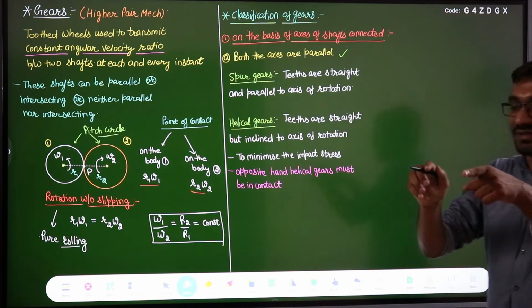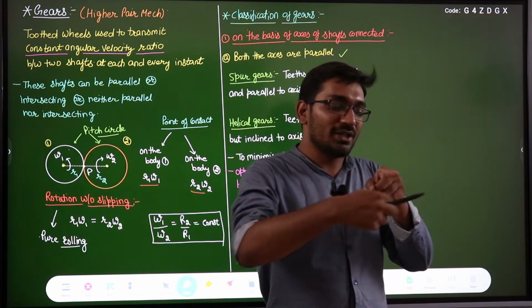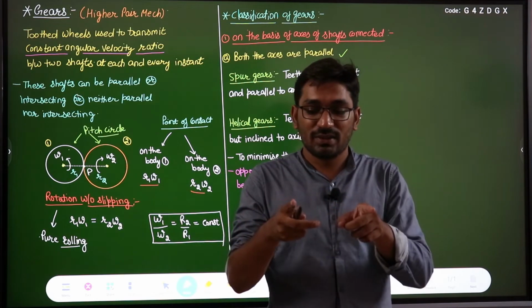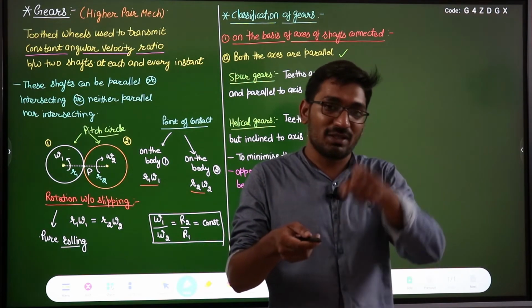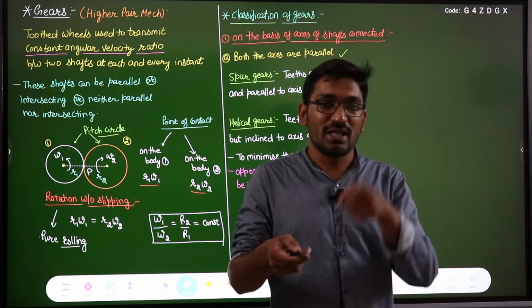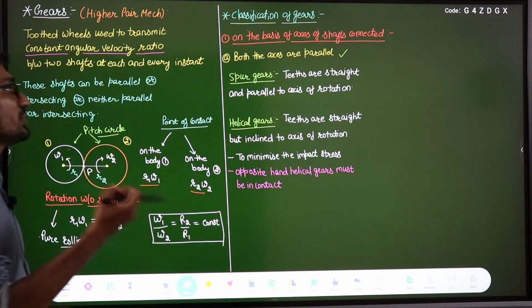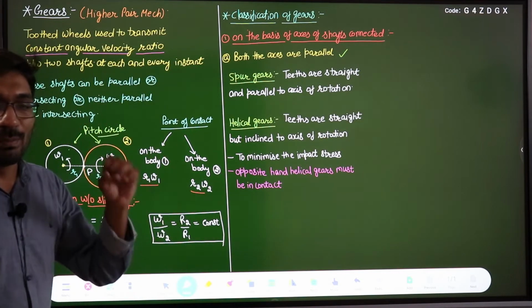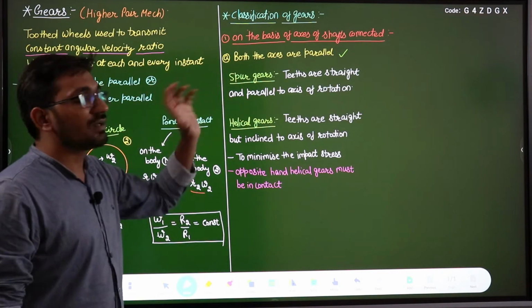If both of the axes of the shafts are parallel like this, and I attach a disc or gear on each shaft, then if this gear is rotating, it can transmit the power and rotate the other gear also. The gears which are used to transmit a constant angular velocity ratio between two parallel shafts are known as spur gears.